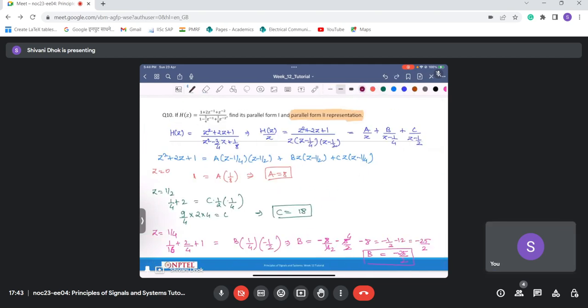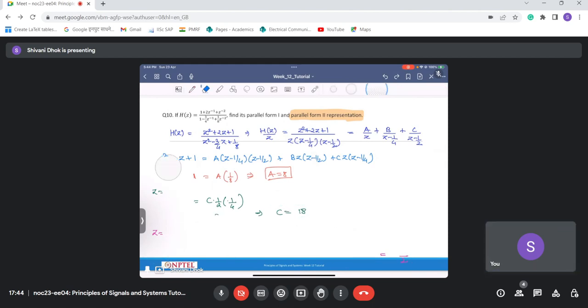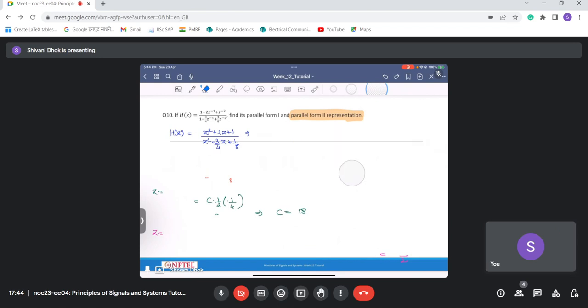Madam, if you are referring to the previous example, suddenly you changed the approach, H of z by z. Ultimately, we get everything in z inverse form only, whether parallel form 1 or 2. There is no difference. Sorry? You said that parallel form 2 is expressed in terms of z, whereas parallel form 1 is expressed in terms of z inverse.